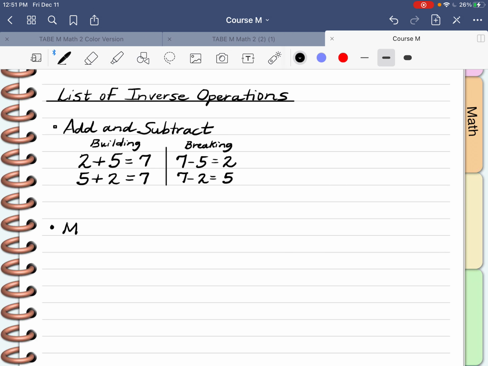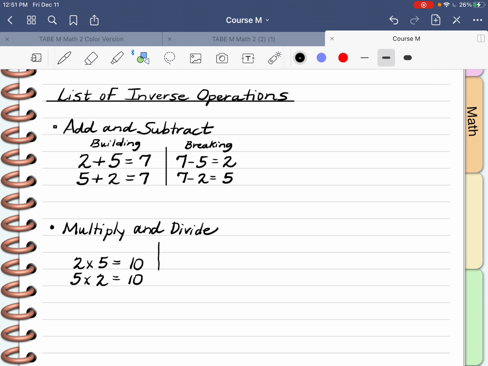Multiply and divide are inverses. So let's see if we can figure out why that is. Let's use 2 times 5 to get 10. Or because of the commutative property, 5 times 2 is also 10.